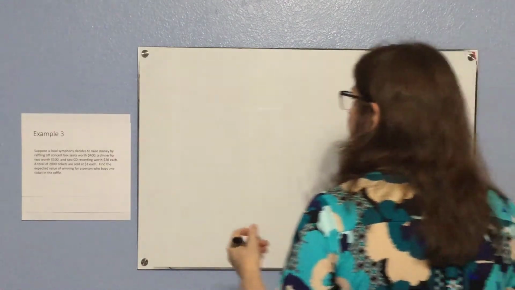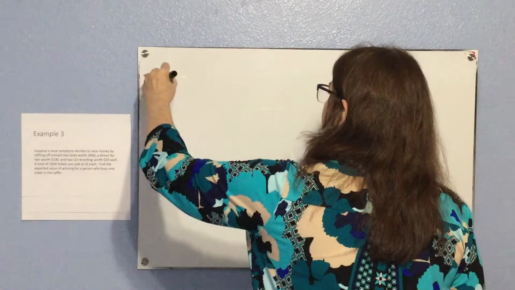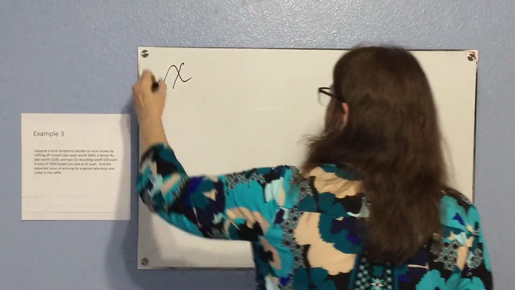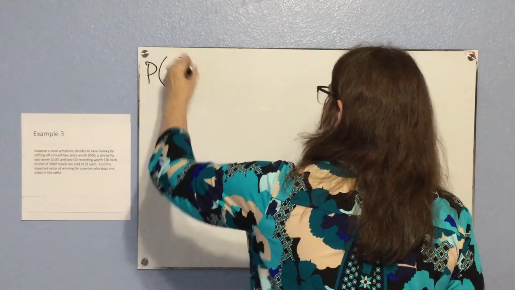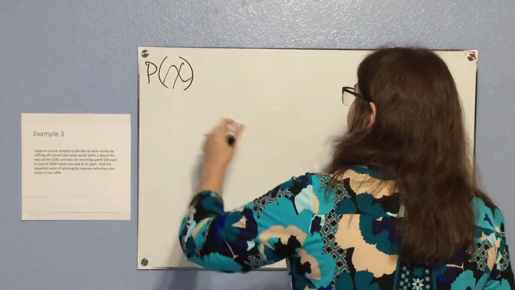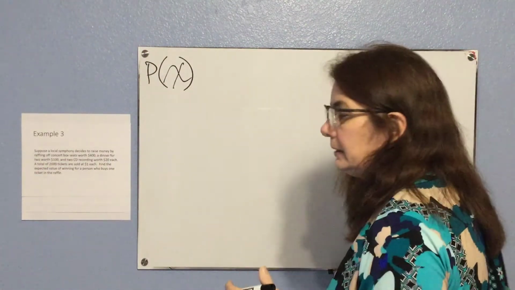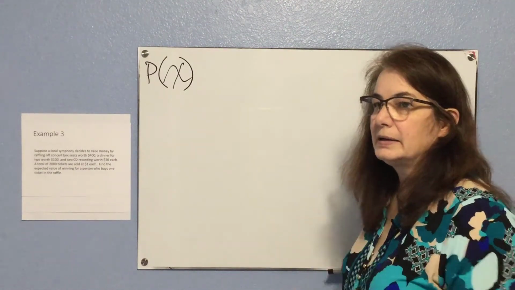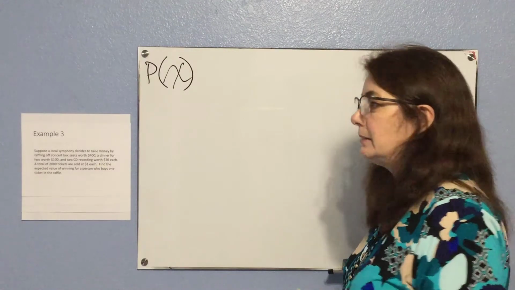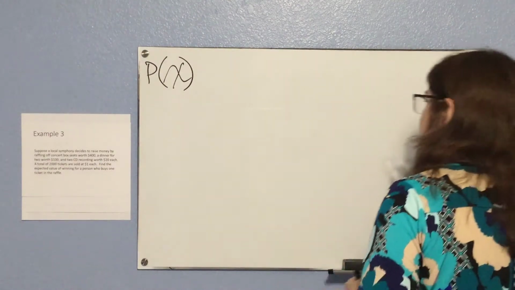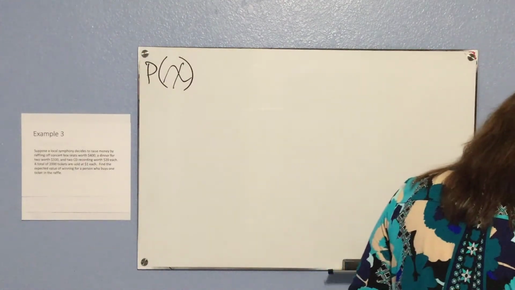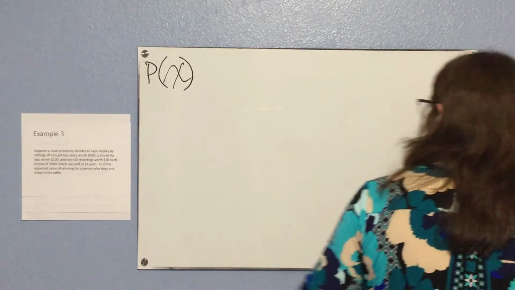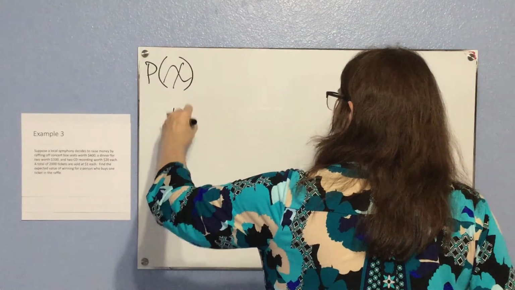Find the expected value of winning for a person who buys one ticket in the raffle. So here my random variable represents things that I could win. And we're going to call this net winnings, which means the value of whatever I win minus the value of the ticket that I had to buy to win it. So let's take a look at the box seats, for instance.